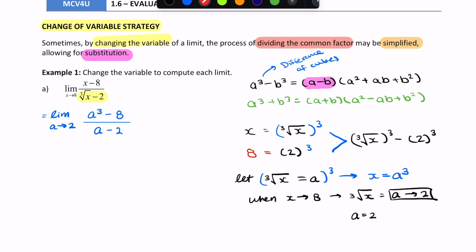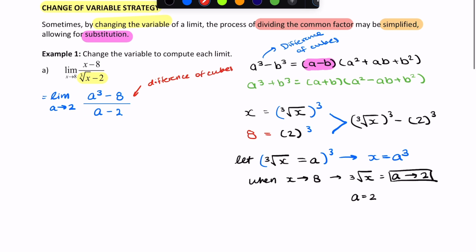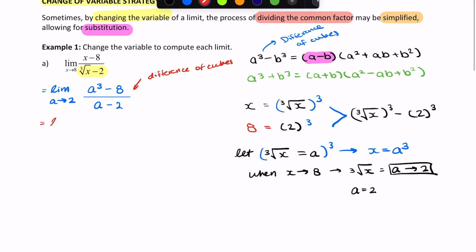So we see here at the top, we have a difference of cubes. With this difference of cubes, we have the limit as a approaches 2 of a minus 2 times a squared plus 2a plus 4, all over a minus 2.